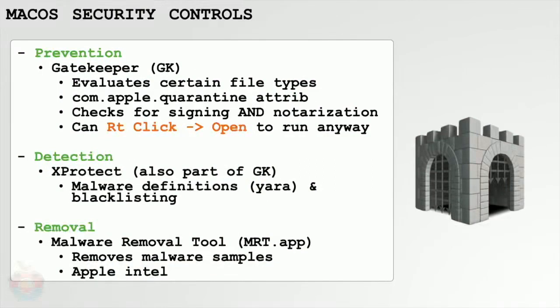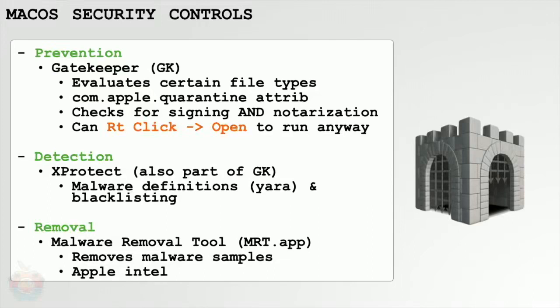From a prevention perspective, Gatekeeper is the main component of macOS that provides prevention. And to step back further, Apple added something called file quarantine a while back, where files that are downloaded via web browsers or via AirDrop using Bluetooth and various other methods are appended with an attribute called the com.apple.quarantine attribute.